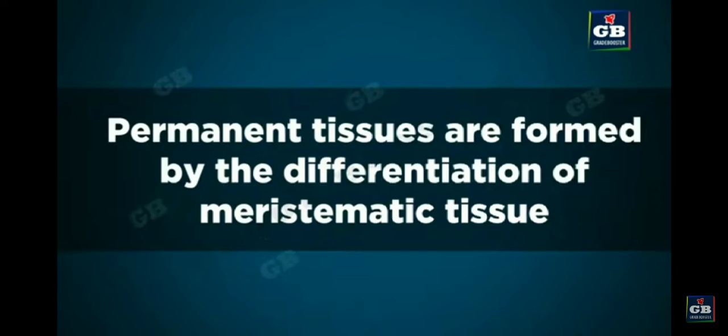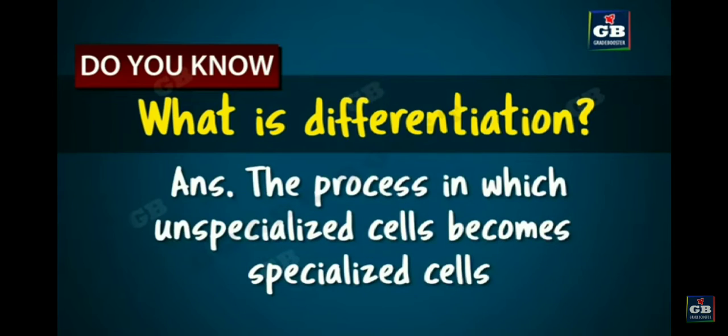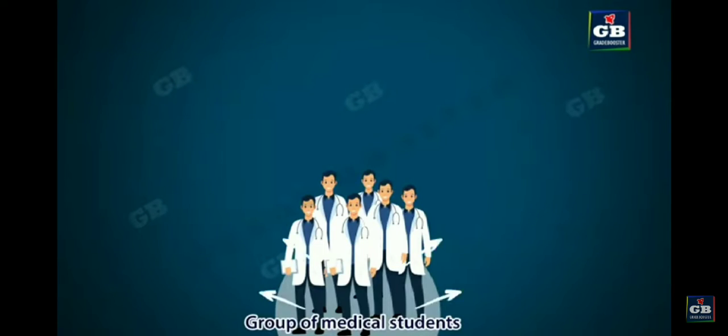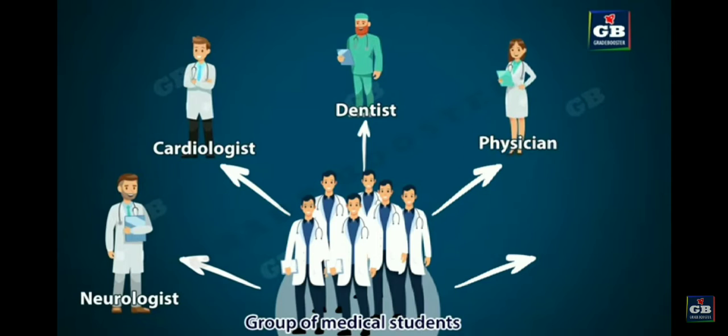So, permanent tissue. Do you know what is differentiation? The process in which unspecialized cells become specialized cells. We can compare the unspecialized cells to the students of a medical college or university. After they graduate, they may take up a specialization and become a specialist.